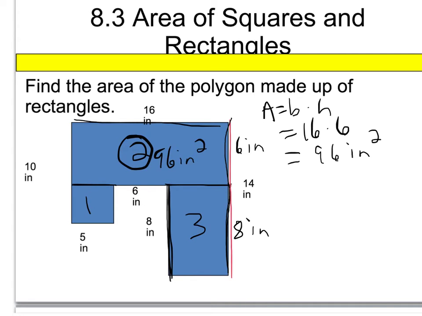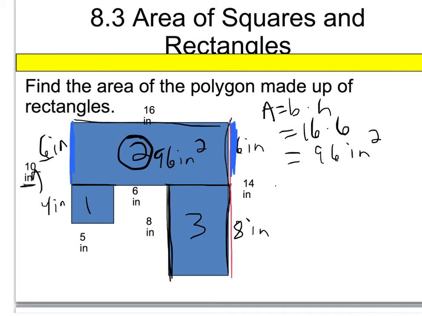The other thing I want you to notice, if you look on this side, because this side right here on the right is 6 inches, we know that this side on the left is 6 inches. So we can put 6 inches here. Using the information we already know of this left side total being 10 inches, if we subtract this 6 inches from this 10 inches, we get 4 inches and can figure out the area of this small square, or sorry, small rectangle.